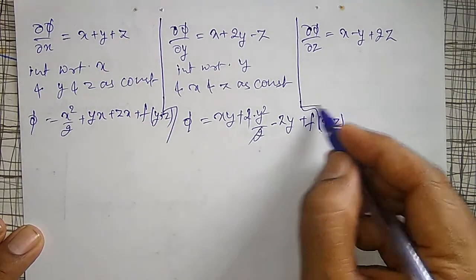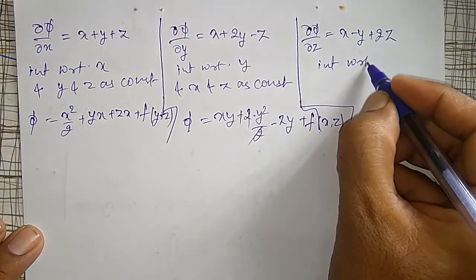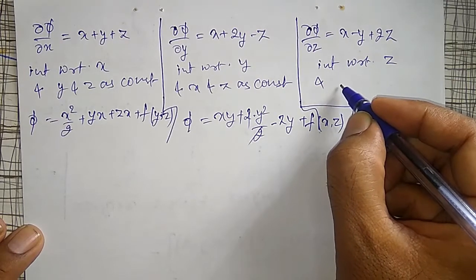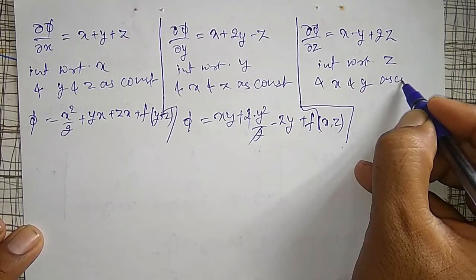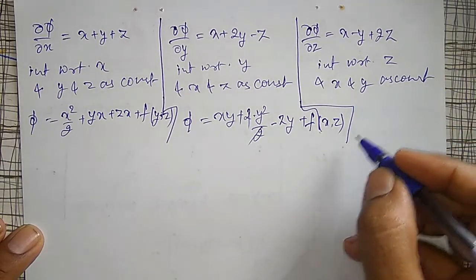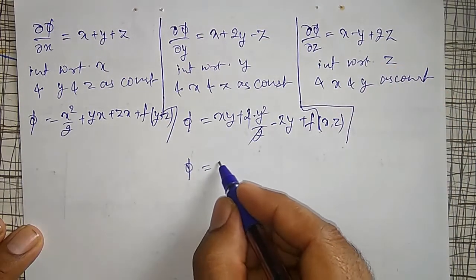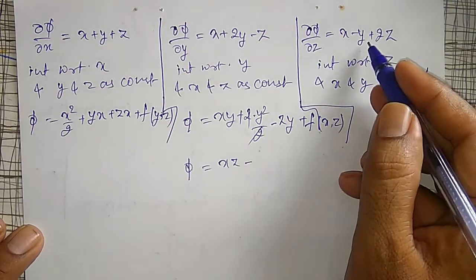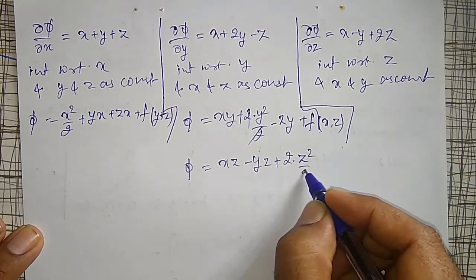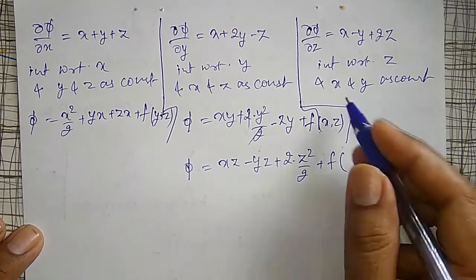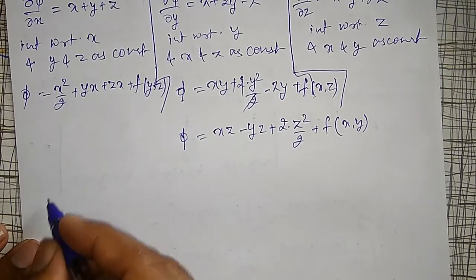Here 2 cancels. Then next I will integrate the third with respect to z, treating x and y as constants. Therefore phi is equal to xz minus yz plus 2 into z square divided by 2 plus some function of x and y.